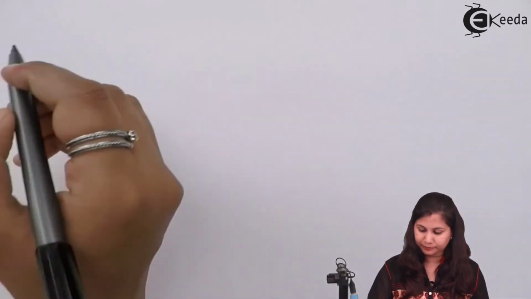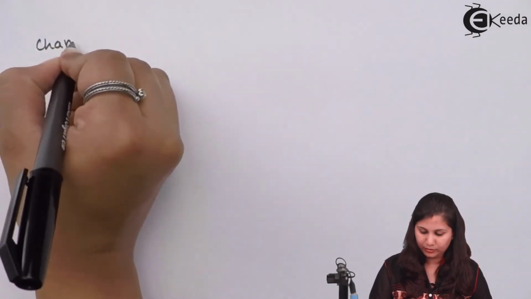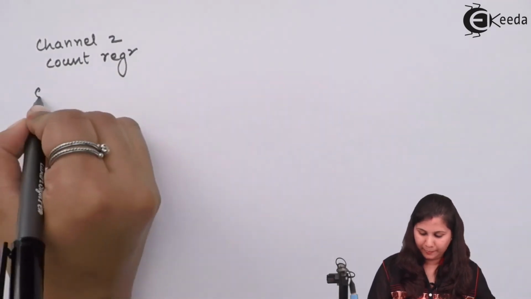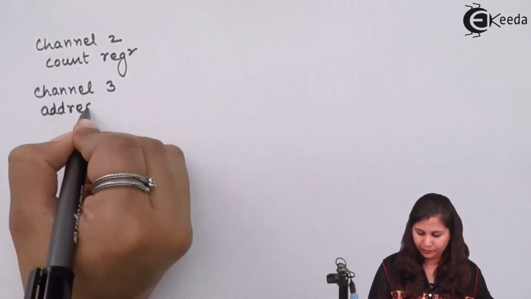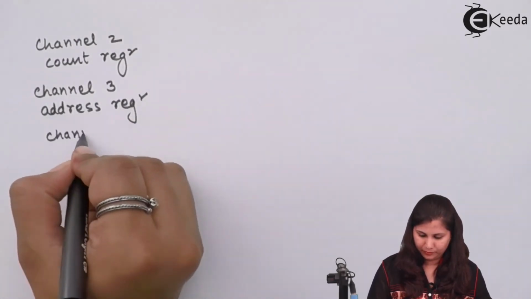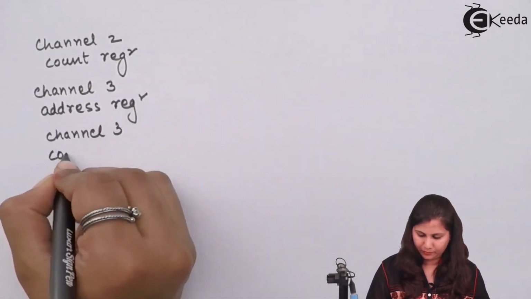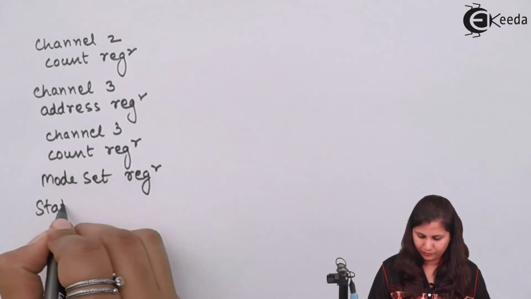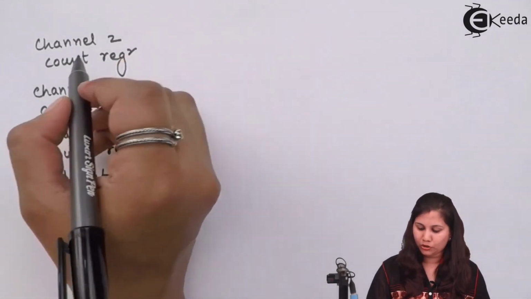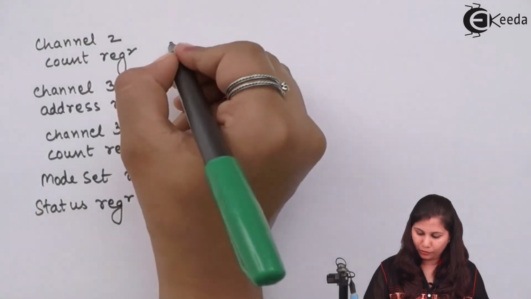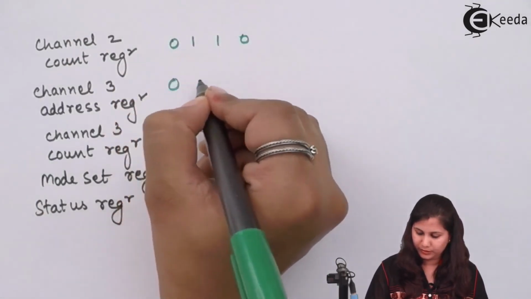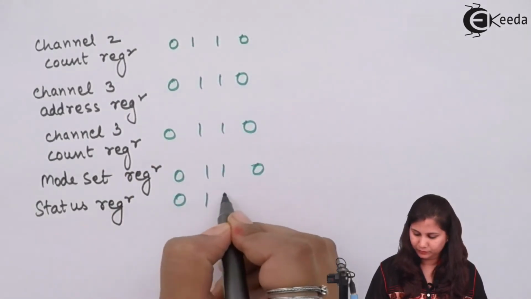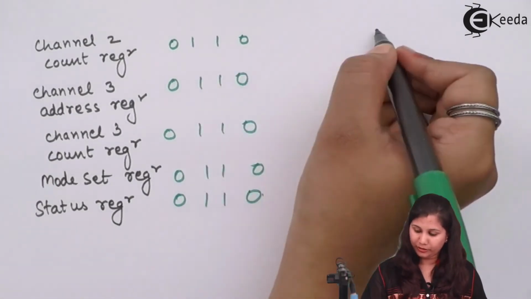Then if we take the channel 2 count register, for all we will have 0, 1, 1, 0, and the A3 to A0 will change.